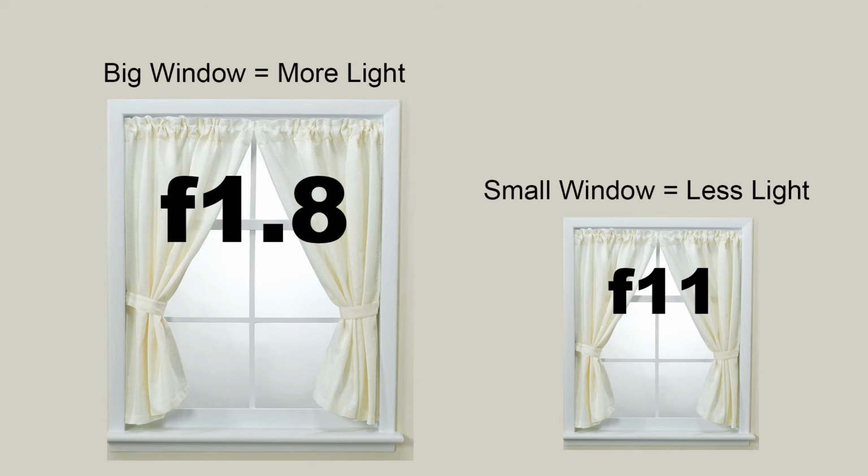Imagine a window. We're going to close our eyes and imagine a window that has curtains. Okay, so your aperture, that's going to be the size of your window. Your aperture is measured in f-stops. And it gets kind of weird because the higher the f-stop, the smaller the window.